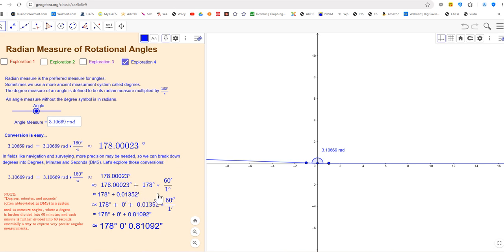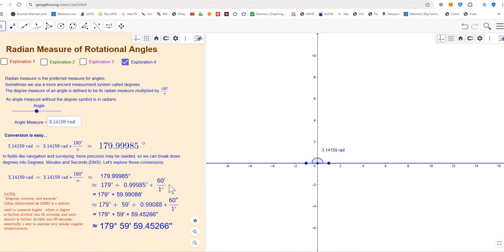Okay, let's look at this example here. So to convert to degrees, minutes, and seconds, take the whole number of degrees, that's your degrees part.